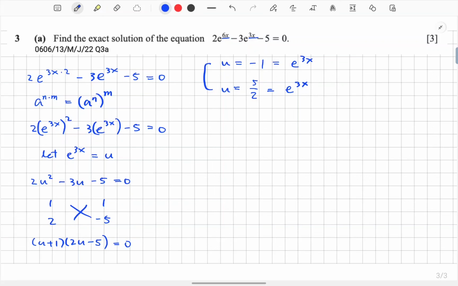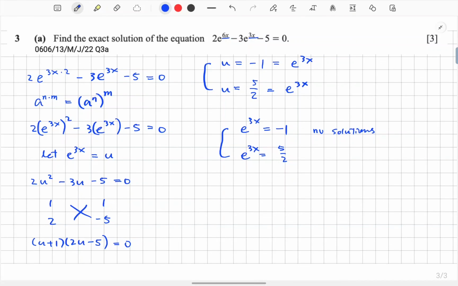And this part requires some knowledge about logarithms, especially the natural logarithm. So it is okay to stop here if you haven't learned it. So having a solution here means e to the 3x is minus 1, and e to the 3x is 5 over 2. And because any output of e cannot be negative, our first equation has no solution.